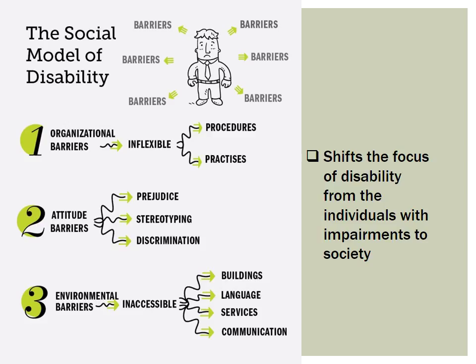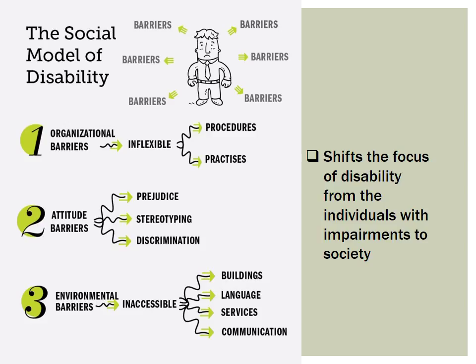So it really focuses on shifting how we look at disability from the individual with impairments to looking at how society really focuses on those impairments and creates a very disabling environment. And this can happen both in the physical environment, in the academic environment, in organizations. It can affect how we move in society, how we participate in society, and how we access services in society.